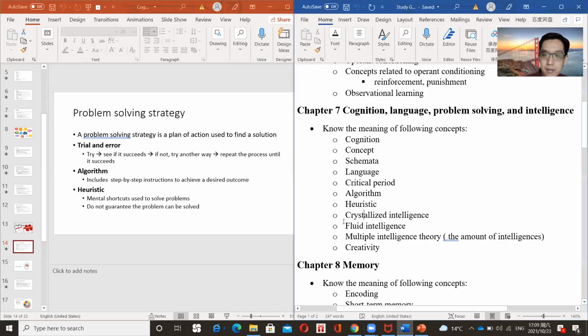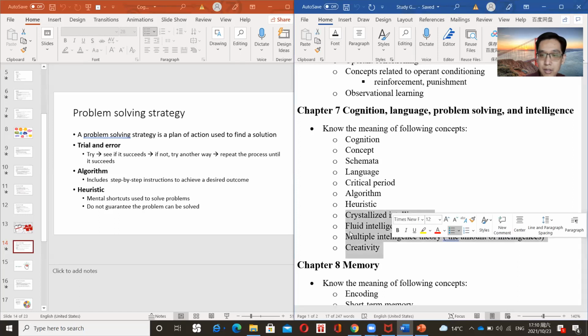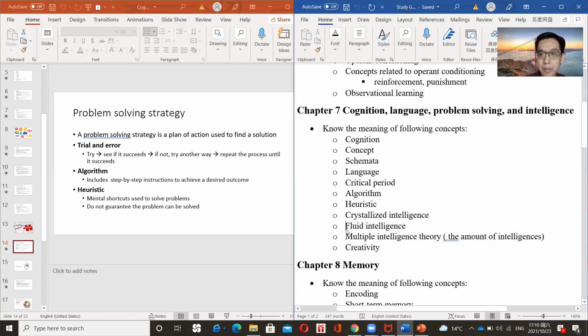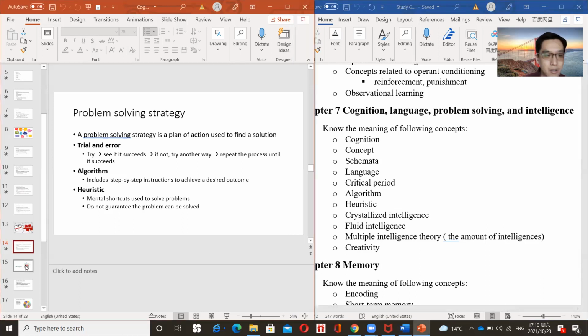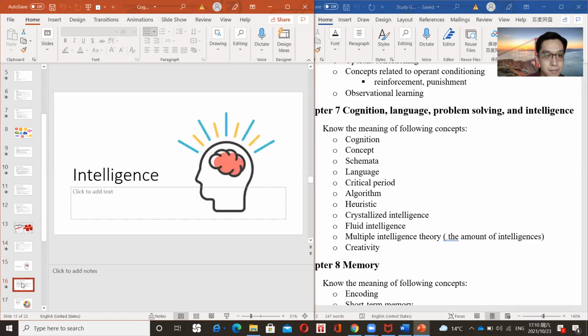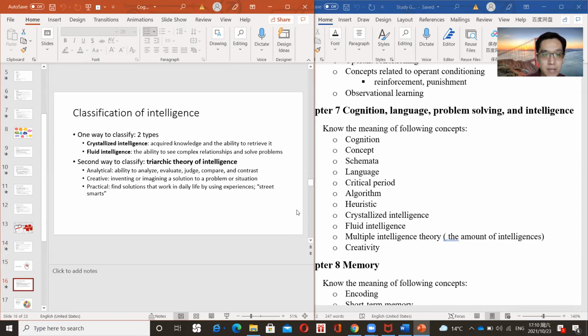And these concepts are about intelligence. Intelligence is also a big part of this chapter 7. Crystallized intelligence and fluid intelligence are one way to classify intelligence. Crystallized intelligence includes the different kinds of knowledge, and the ability to use that knowledge when the situation needs it.